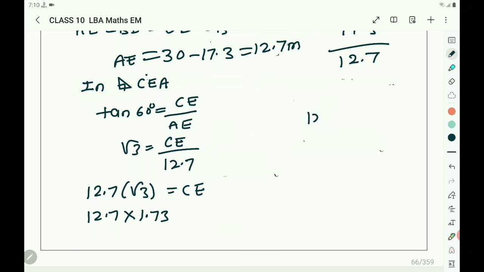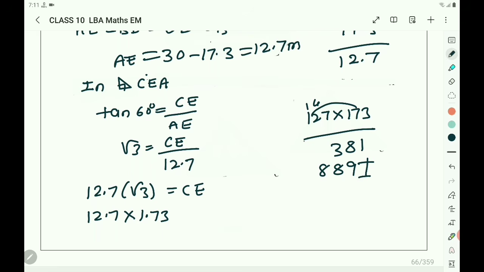12.7 into root 3, which is 1.73. Multiply that. 127 into 173. 3 sevens are 21. 3 twos are 6 plus 2, 8. 3 ones are 3. Then 7 sevens are 49, 4 carry. 7 twos are 14 plus 4, 18. 1 carry. 7 ones are 7 plus 1, 8.